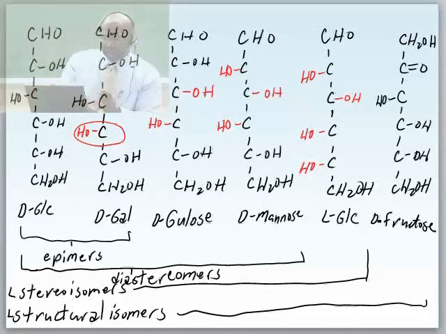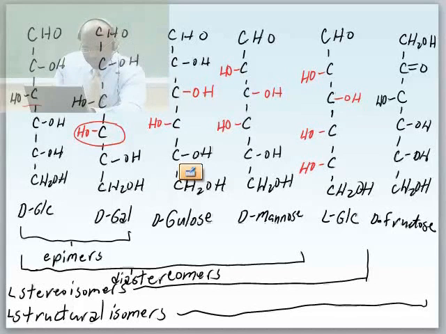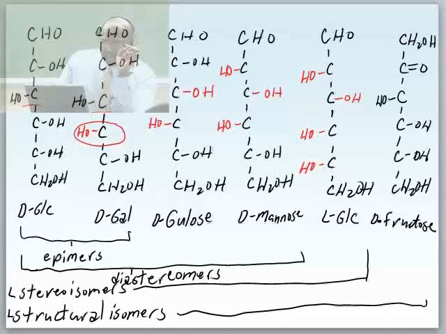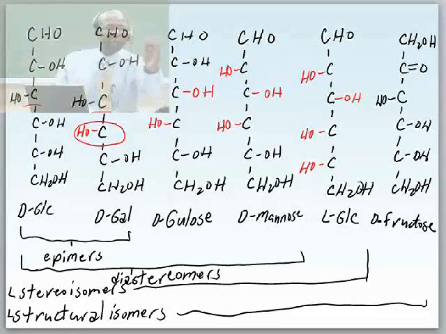Glucose and galactose are epimers, and galactose is a 4 epimer of glucose. What epimer of galactose is glucose? Where do they differ? It's 4, exactly. So glucose is a 4 epimer of galactose, and galactose is a 4 epimer of glucose.